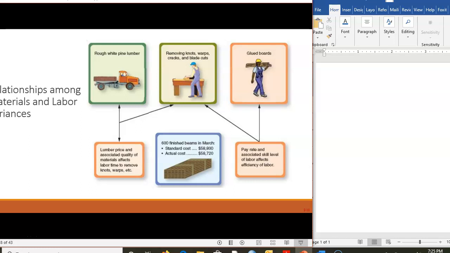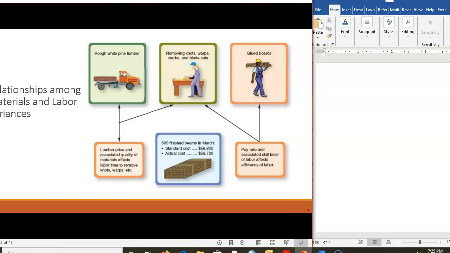As we look at the relationships among that, our lumber price is associated with quality. So if we saved money on lumber, we might have had issues, like, why did we have so many delays that we had to produce fewer boards?